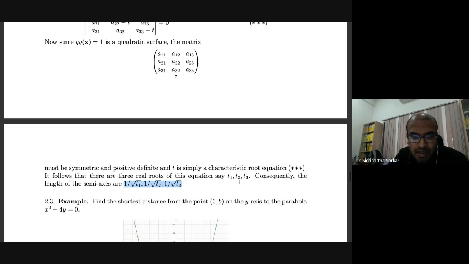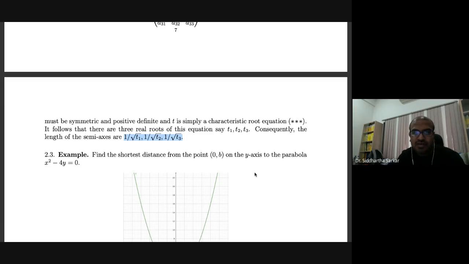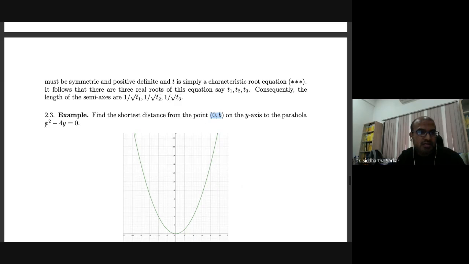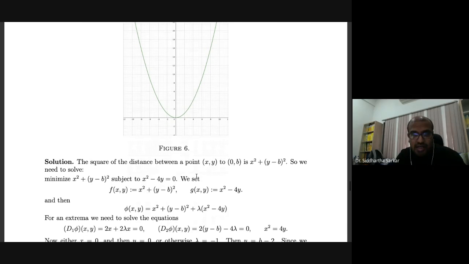Another application of the Lagrange multiplier is you find the shortest distance from the point (0, b) on the y-axis to the parabola x squared equal to 4y. So again, you try to do the same.